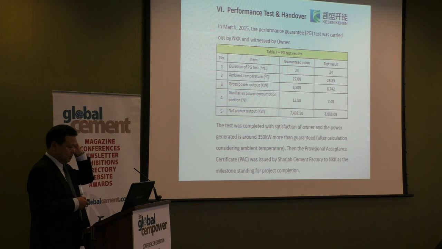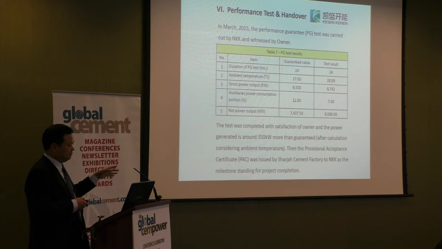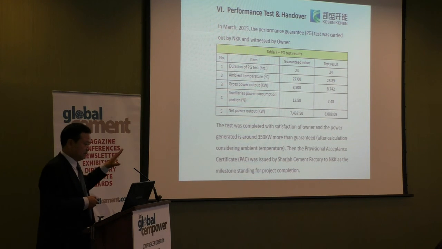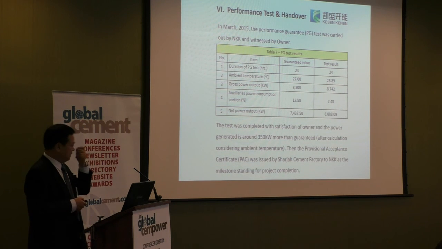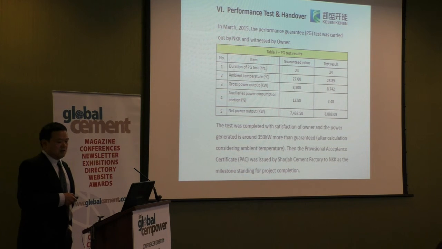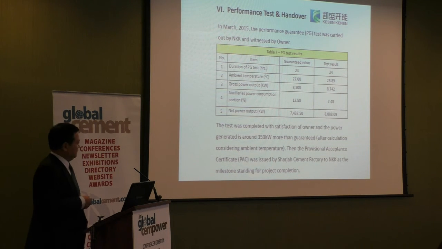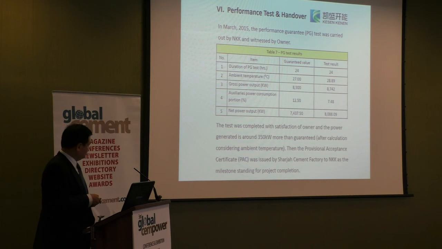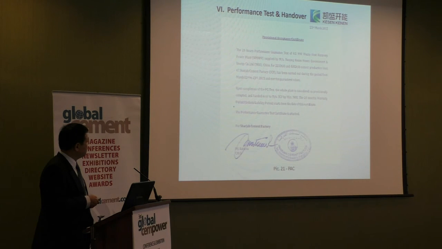And in UAE, there are 5 big projects, 1, 2, 3, 4 finished by other companies. This is the only one that can meet the guarantee point. And this is the PAC certificate, issued by the CEO of Saudi Cement.